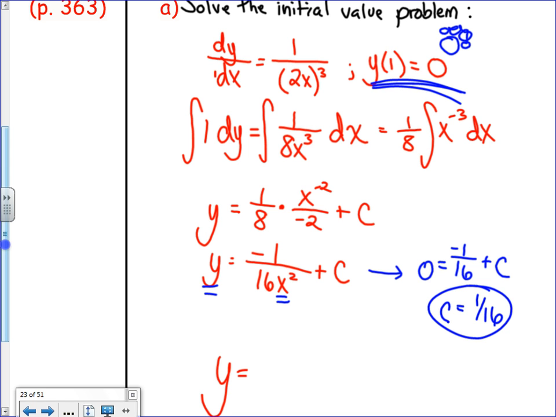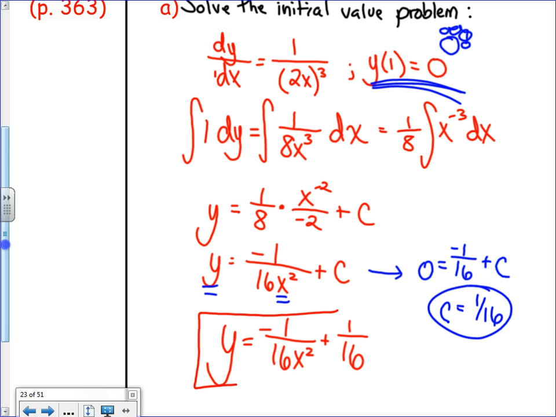So therefore, I know not just the whole family, I know the one specific they're looking for: negative 1/16 x squared plus 1/16. That is the one time when solving an indefinite integral that you will not have a plus c. Because you did have it, but we could find it. How? Plug in the point.